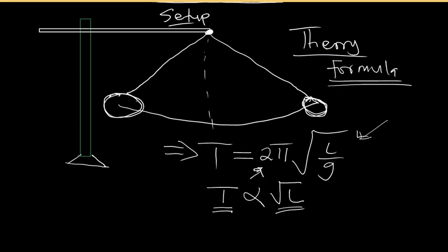So how do you conduct this experiment? First of all, you measure the length of the string. Then you connect the pendulum to the retort stand, displace the pendulum a bit, and allow it to oscillate.